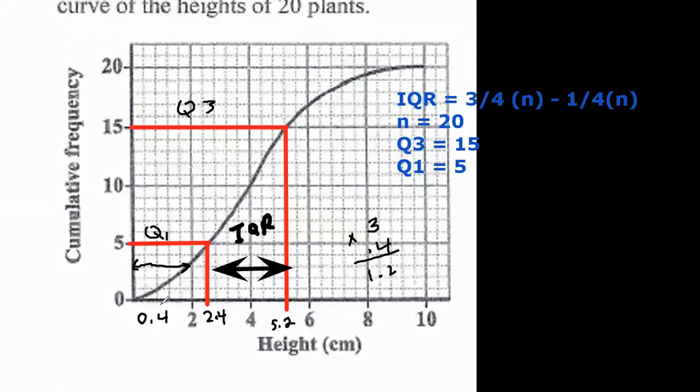Each block is 0.4, so 2 plus 0.4 gives me 2.4. I have a 4 here, and I have 1, 2, 3 blocks. 3 by 0.4 is 1.2. I have to add it to this 4 to make it 5.2. So now the difference between 2.4 and 5.2 is going to be what? You can tell me, put it in the chat, work it out real quick, everybody, and put in the answer in the chat.